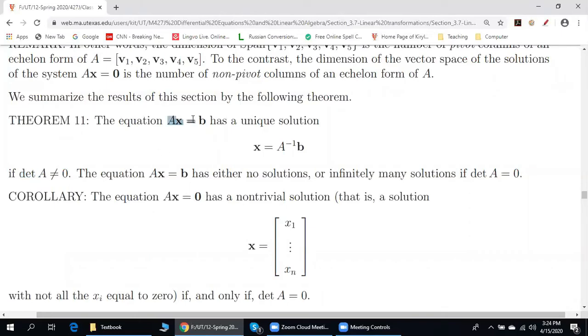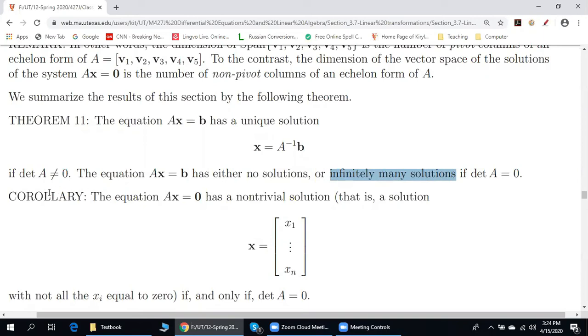If we multiply both sides of this equation by A inverse, we will get this, correct? Conclusion: if the determinant is not equal to 0, our system has a unique solution. Case 2, suppose the determinant is equal to 0. Then we have two other possibilities: no solutions or infinitely many solutions.